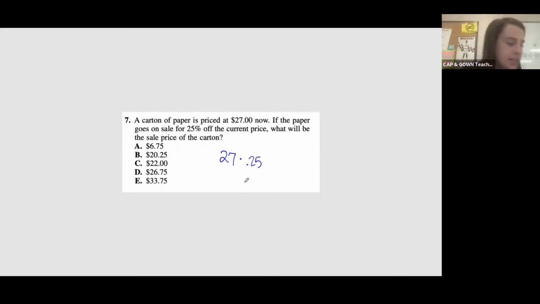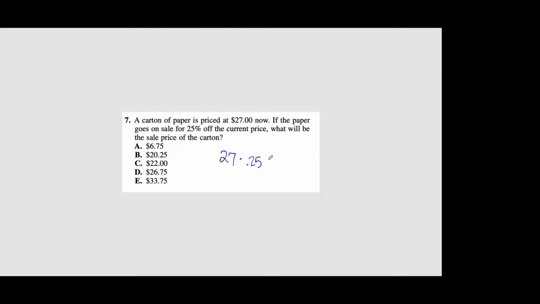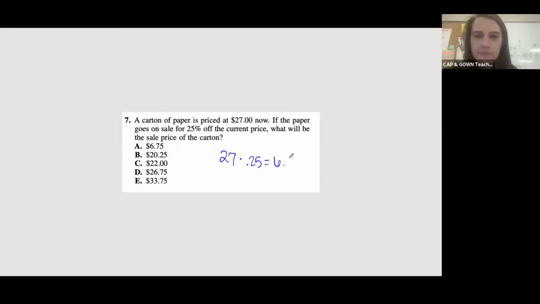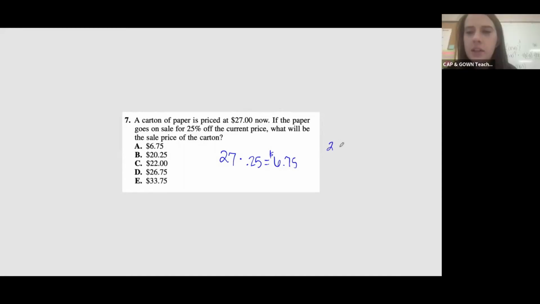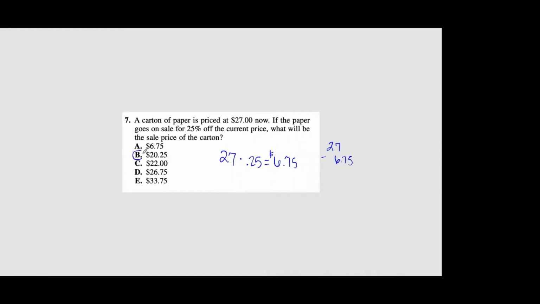Okay, because that's going to be the quickest way for me to get the percent. 6.75. Yes, ma'am. So this is not the answer. This is just the percent off. To get your answer, you're going to subtract 27 minus 6.75. And that is $20.25. Yes, ma'am.